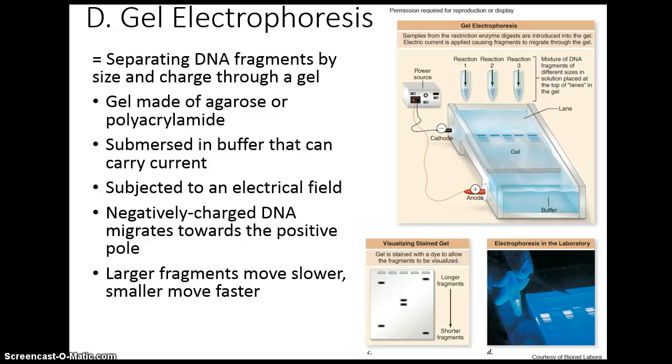The larger fragments move slower and the smaller fragments move faster, so you can separate and find differences based on the size of the fragments. The DNA is made visible with fluorescent dyes, and with proteins we had dyes to make them more visible.